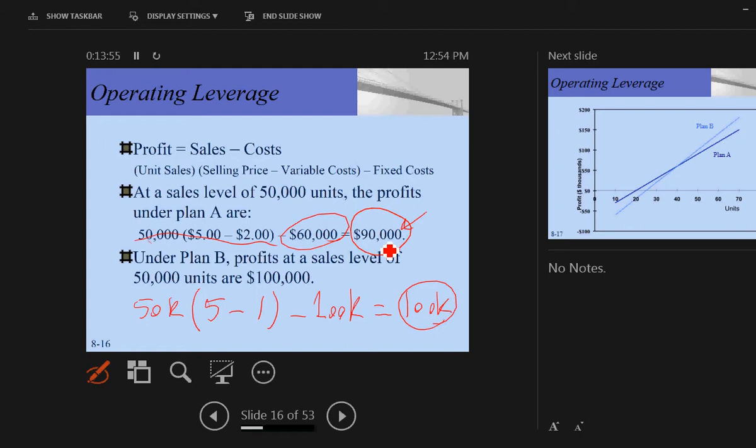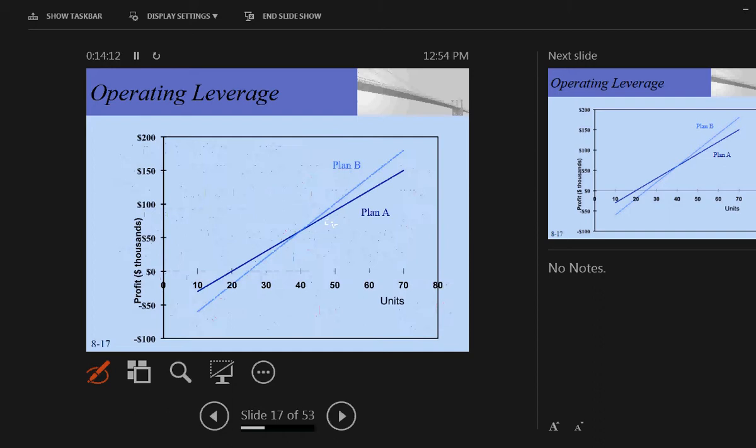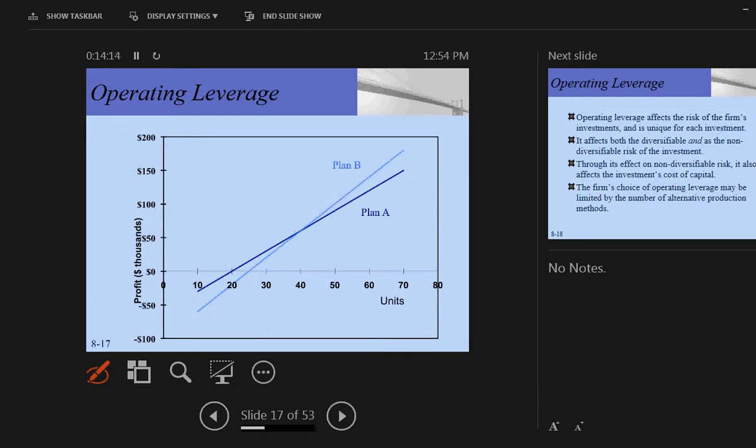So that sounds like a choice. But what about other levels of demand? What about other levels of production? So you actually can think about plotting the profit as a function of units produced for Plan A and Plan B, and then this is what you get. So for Plan B, you're going to have a steep increase in units of production.